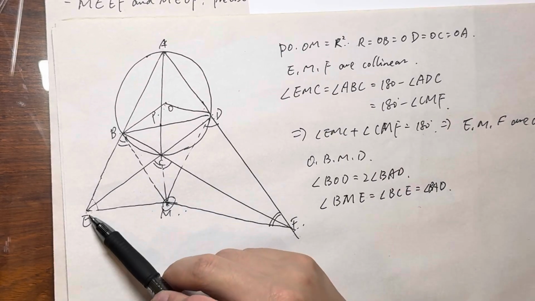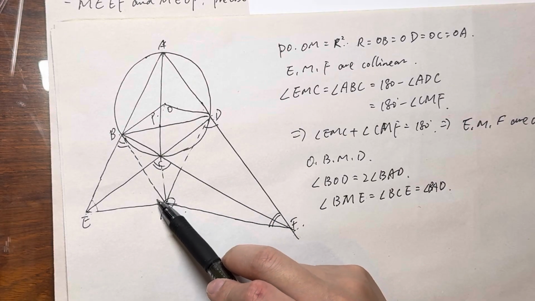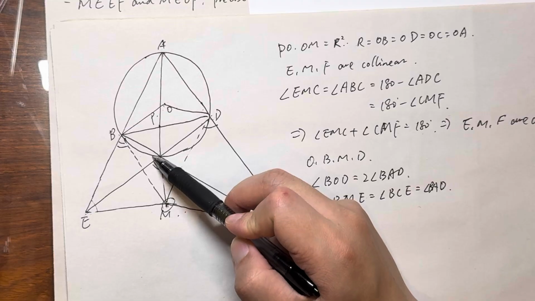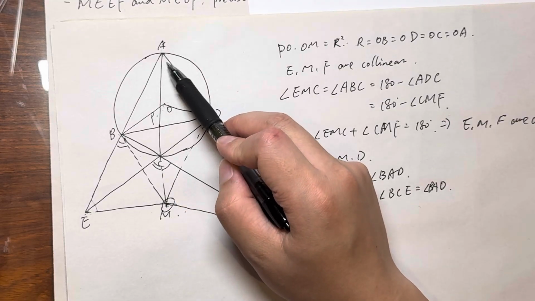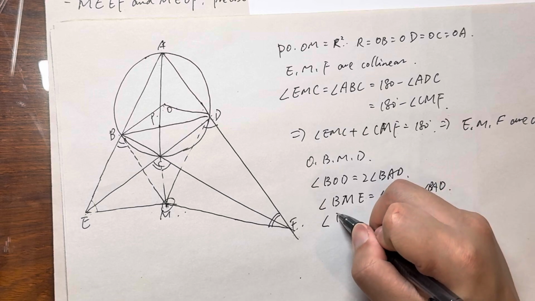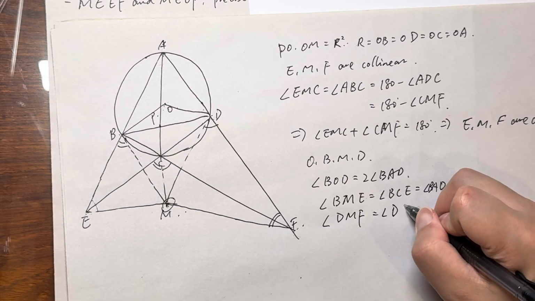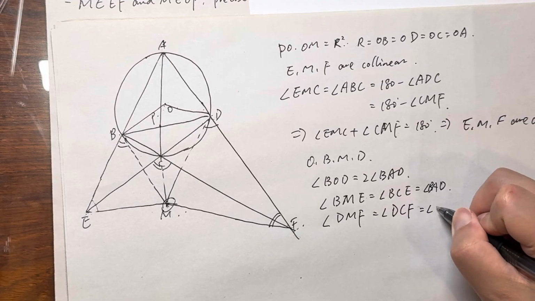Angle DMF equals angle DCF equals angle BAD.